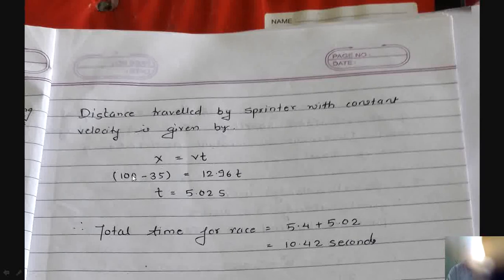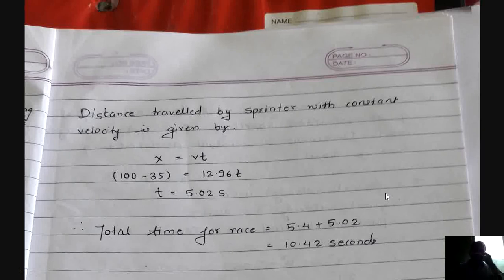Putting in the values, x is equal to 100 minus 35, which is equal to 12.96 t. So t is equal to 5.02 seconds. So the total time for the race is 5.4 plus 5.02, which is 10.42 seconds.